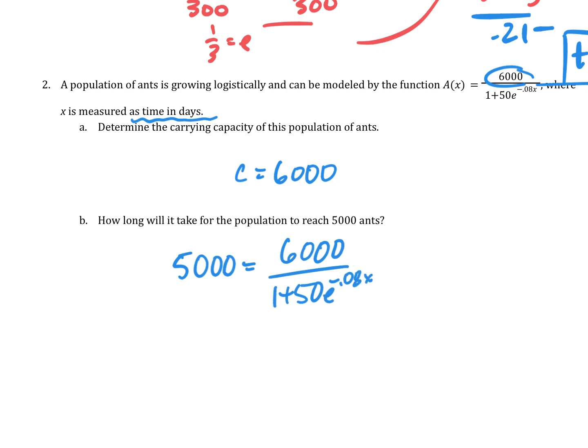The way we do that is multiply both sides by the denominator and divide both sides by 5,000. So that's actually just going to flip these. The variable is x, equals 6,000 over 5,000.